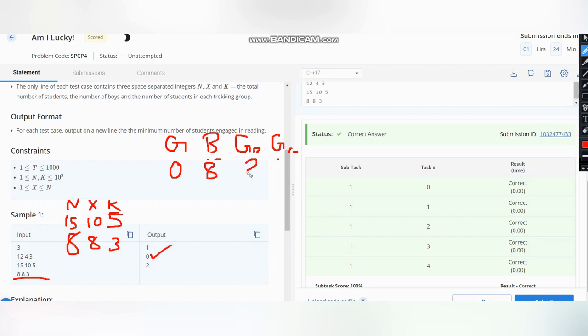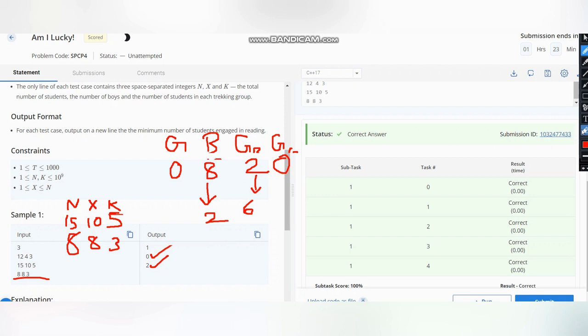So 2 groups of boys, 0 groups of girls. So here 6 boys are occupied. So 2 boys are left and we can't make any group, because no girl is there, meaning pairing cannot be done. Hence, both of them will be engaged in reading.